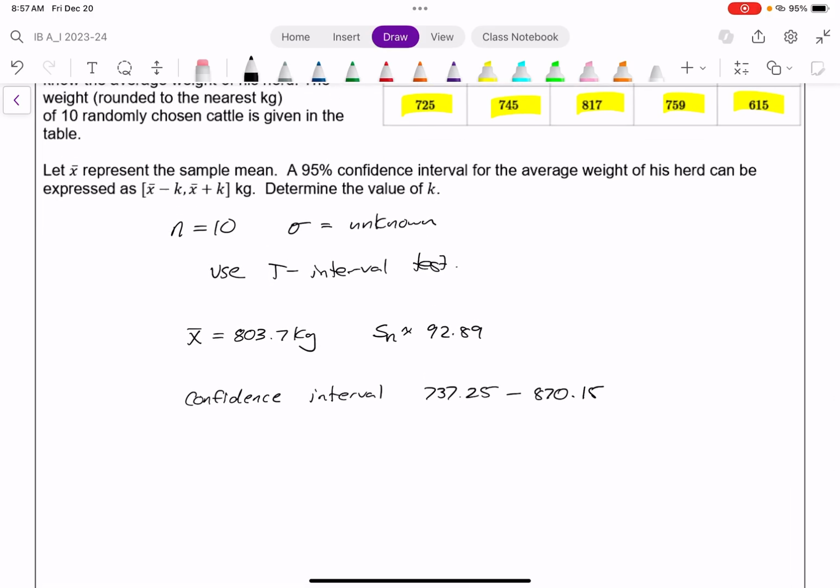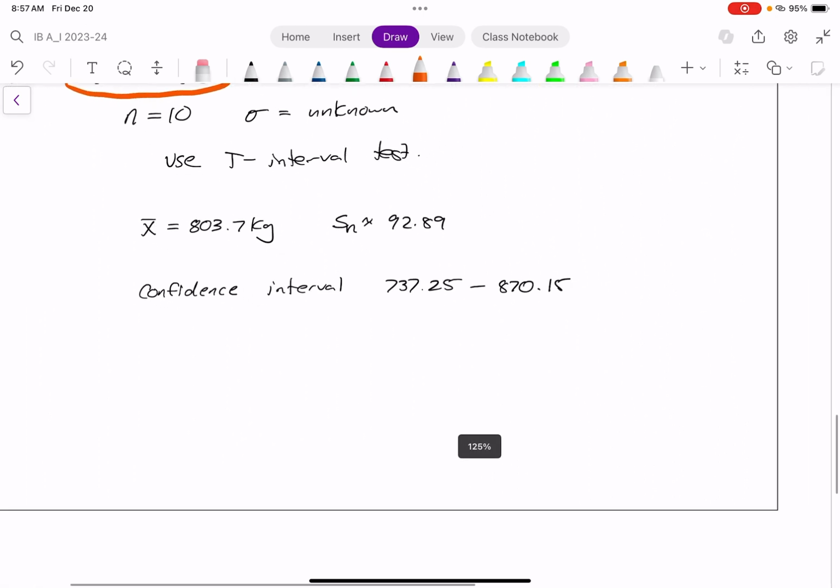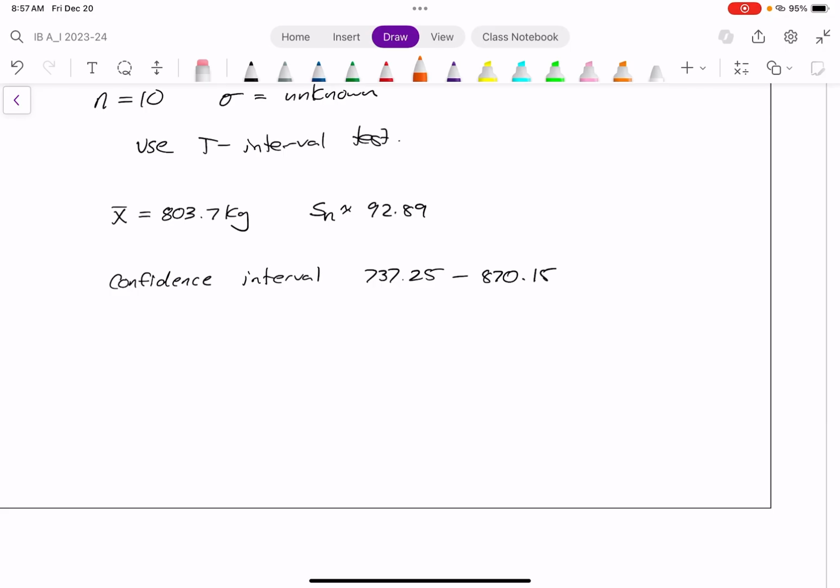That said, lastly, the form of the question is written like this. Basically, to figure out how far from the mean the upper and lower ends are, fairly quick to calculate. I need to figure out really just how far the mean is from either end. The mean is right in the middle. So notice if we find the midpoint of here, that will be the mean.